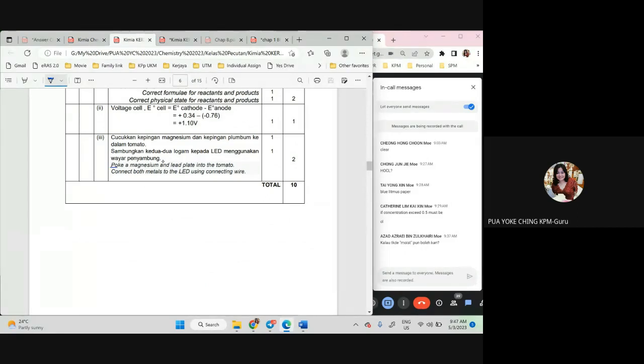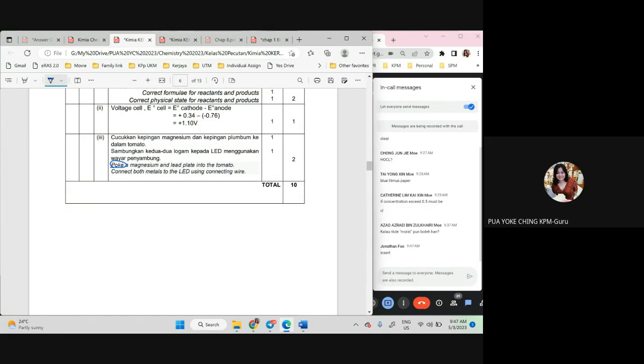Okay, dekat sini dia kata pork. Selain pork, apa lagi perkataan yang sesuai? BM memang cucuk lah. Insert, okay?